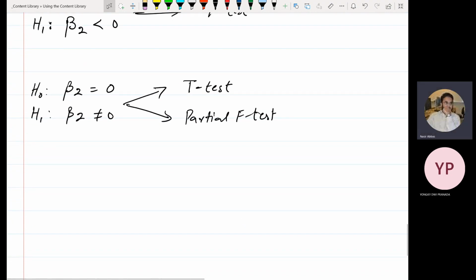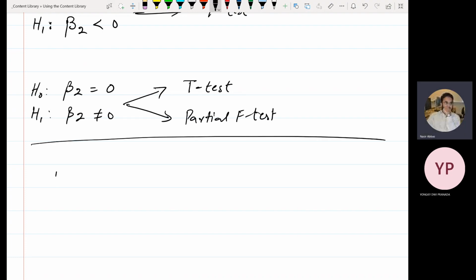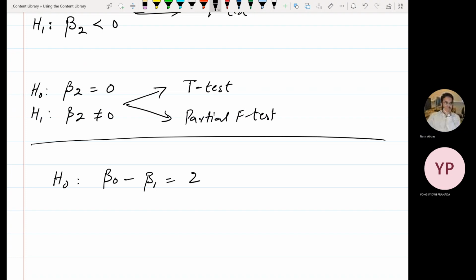Now, none of the three hypothesis testing procedures that we discussed allow you to test this. For example, that beta naught minus beta 1 is 2. This is a linear constraint onto the model. If I want you to test this one, none of the procedures will allow you. Or I can give you two conditions.